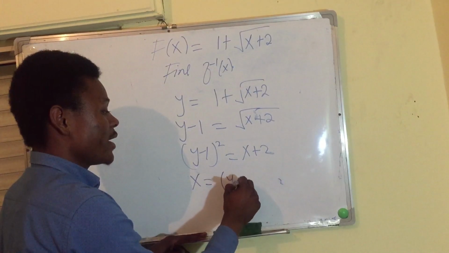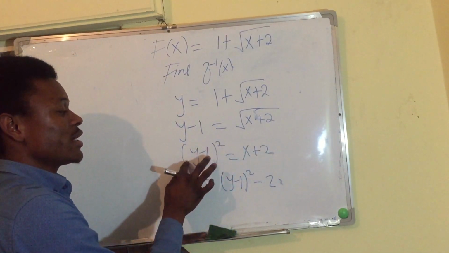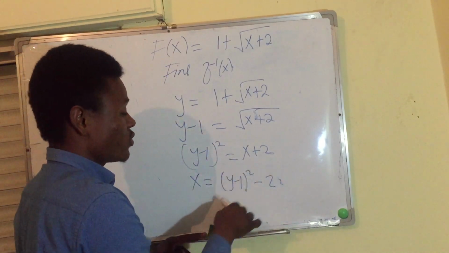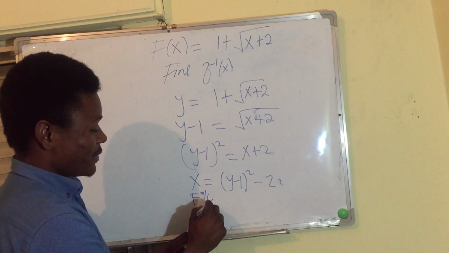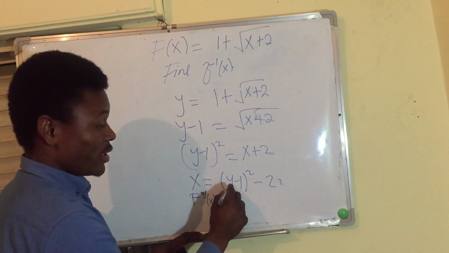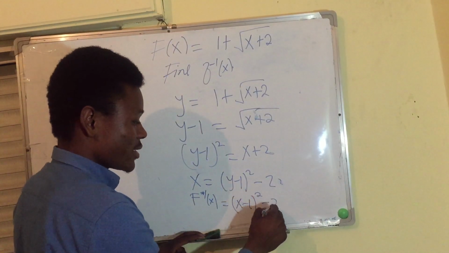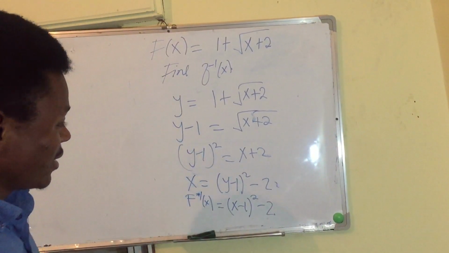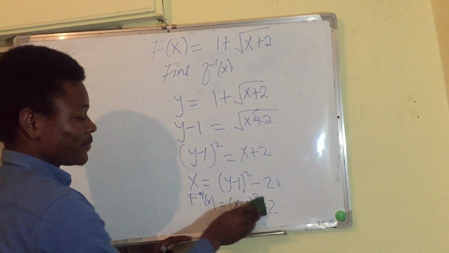So we have y minus 1 square minus 2 because positive 2 ce da ta dawo nan zai kasance y minus 1 square minus 2. So from here, f inverse of x, za mu cire inda y take mu sa x. So yes, this is it. This is the inverse of one function in f of x.